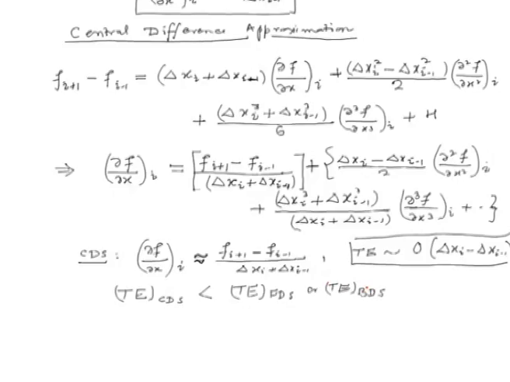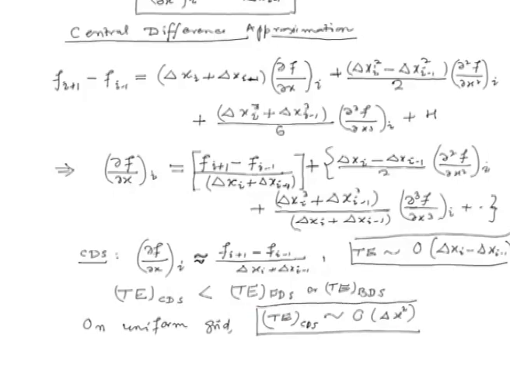Moreover, on a uniform grid the leading term in truncation error vanishes, and the truncation error now becomes of the order of delta x square. So, that is why we say that our central difference scheme is second order accurate.